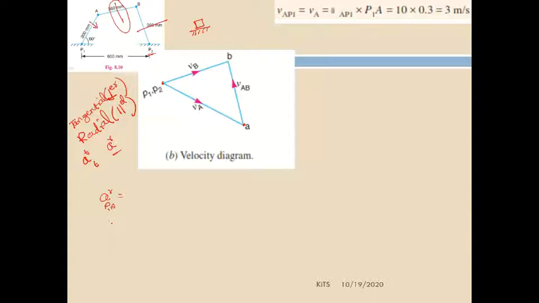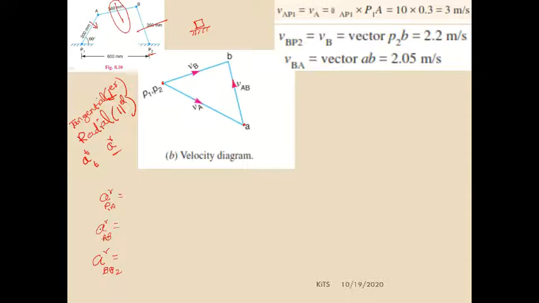Then we have to find out the radial component of AB, and then the radial component of BP2. Without these values we can't proceed to the next step.